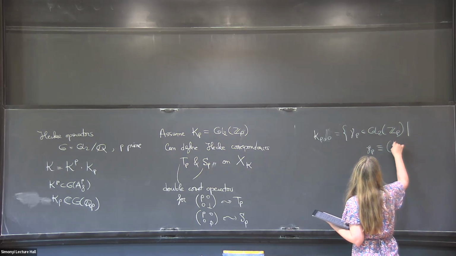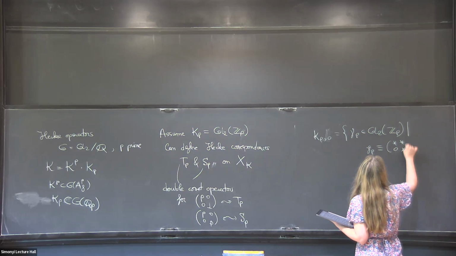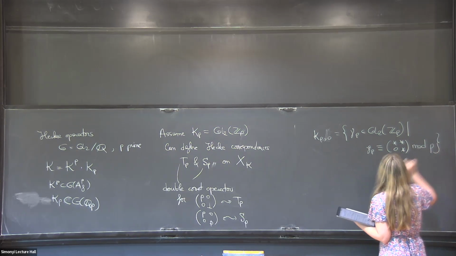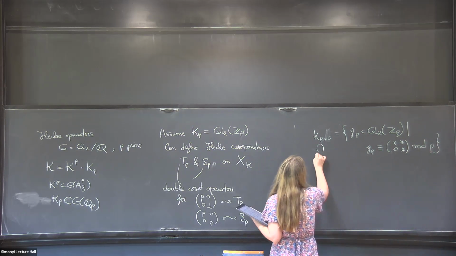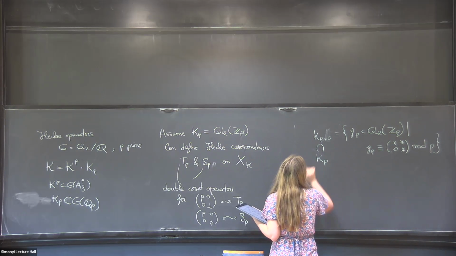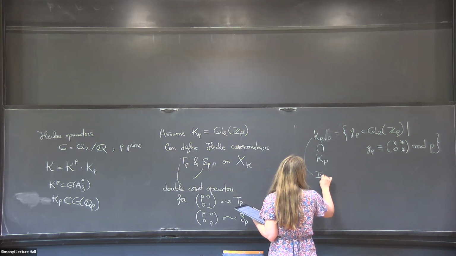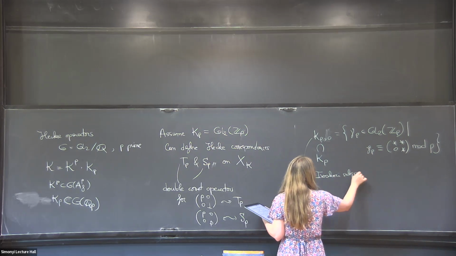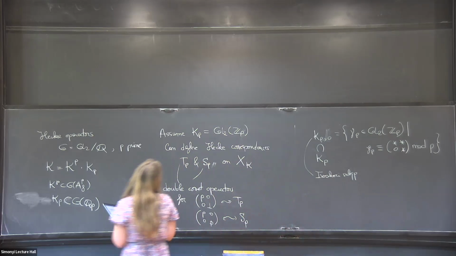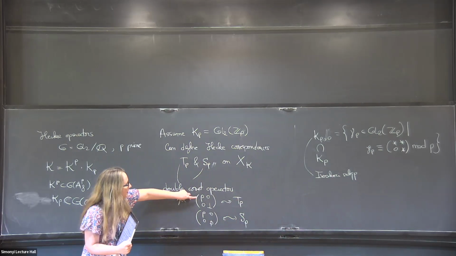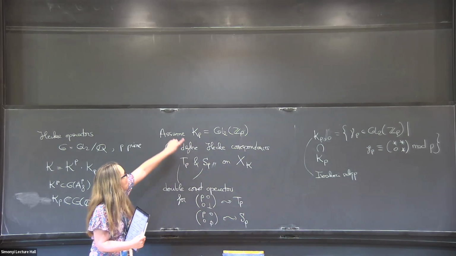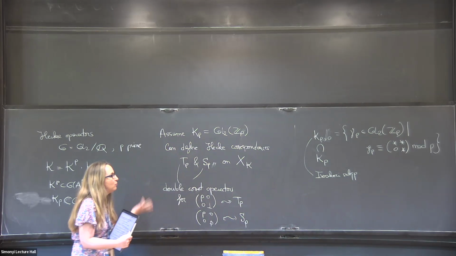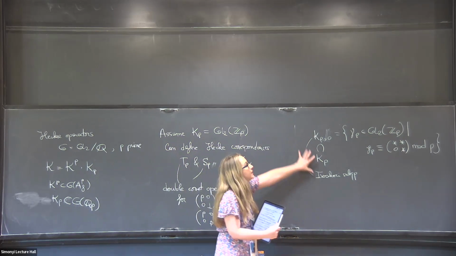This is congruent to an upper triangular matrix mod p. This is called the Iwahori subgroup. And somehow the point is that if I take (p 0; 0 1) and I conjugate K_p by it, and then I intersect with K_p, then what I get is the Iwahori subgroup.